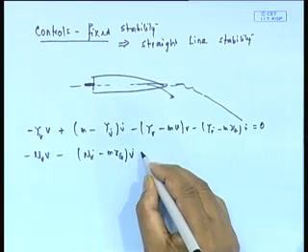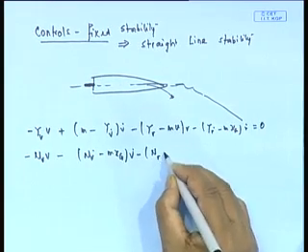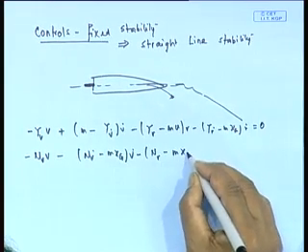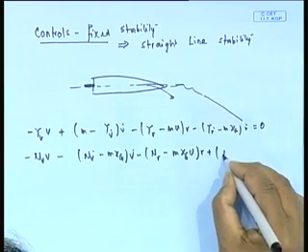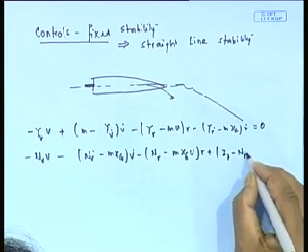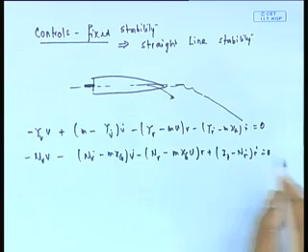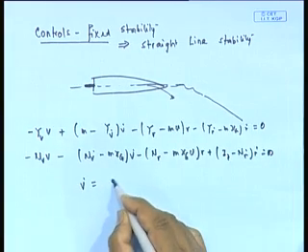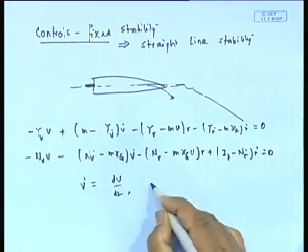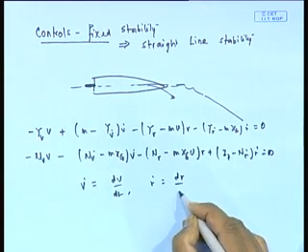This becomes so elementary that every time we end up repeating it. But let me quickly write it anyhow. Here, v dot is dv by dt, and r dot is dr by dt.